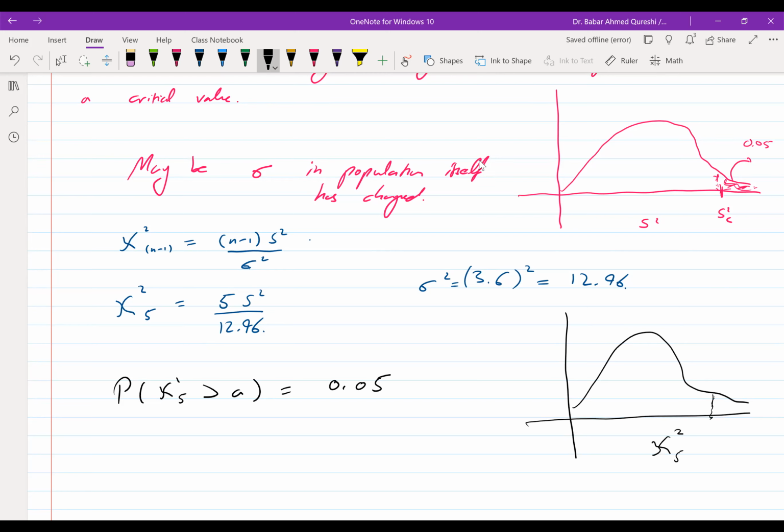And there will be a critical value, A over here, so that this area is 0.05.